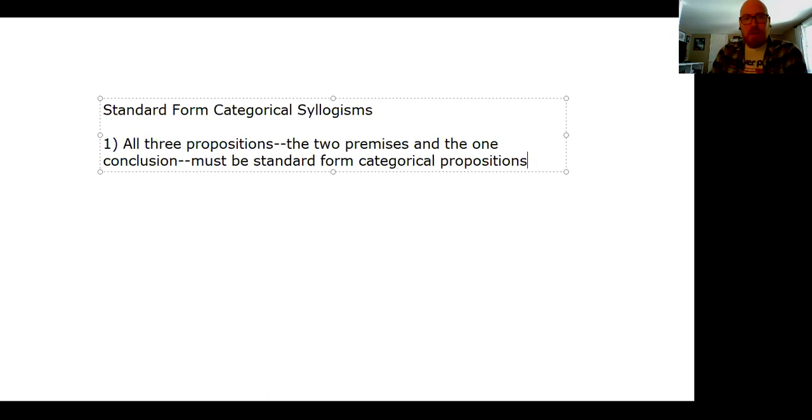Keep in mind that a syllogism is a deductive argument that has exactly three statements, exactly two premises, and exactly one conclusion.